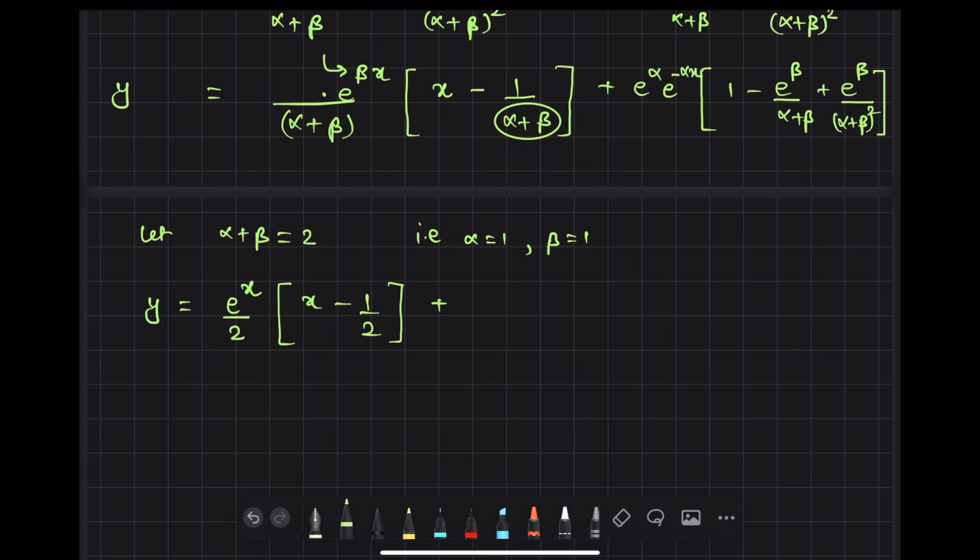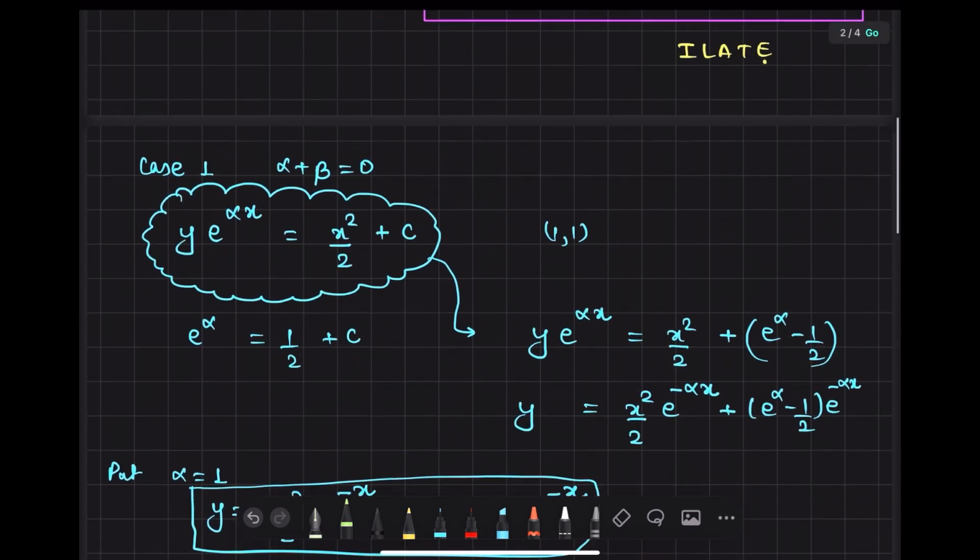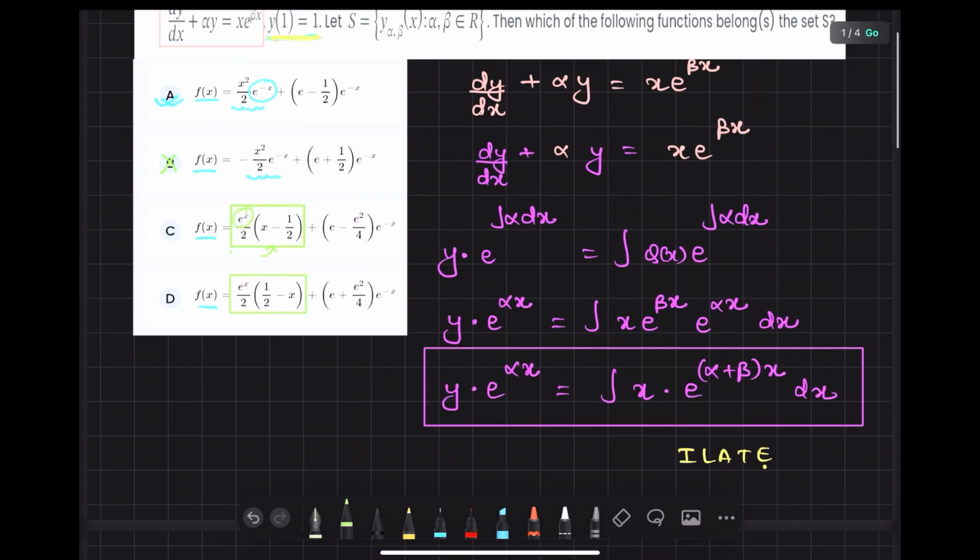So we will have e times e power minus x, and then we have 1 minus e by 2 plus e by 4. Correct? Now let's simplify things. We got the first part, probably this option is correct. Now look at this situation. So e minus e square by 4.